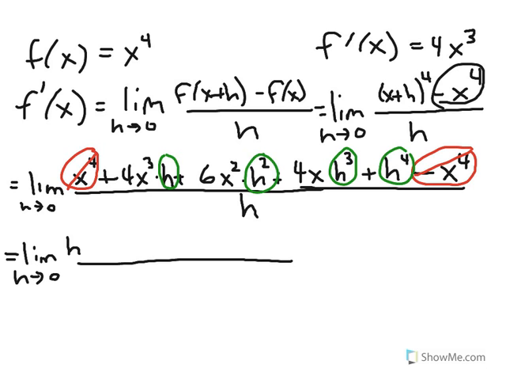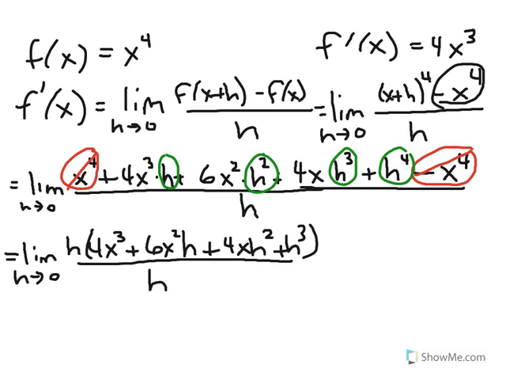We could factor out an h and be left with 4x cubed plus 6x squared and another h. There'd still be an h there. So this leading h times the h on the inside would give us h squared back, plus 4x h squared plus h cubed. And that's over h.